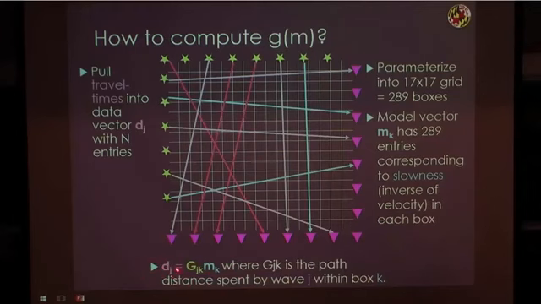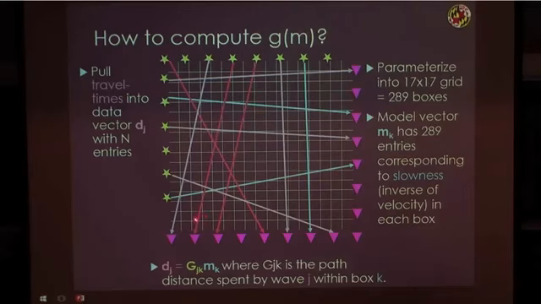You have the data, the travel time of a particular wave j. And what it is, is the sum. Here I have used Einstein summation notation without actually drawing the sum sign. So what I've done is I've taken all the boxes that this wave goes through, and I've multiplied the slownesses in those boxes by the path length, or the path distance, that wave j spends in box k.